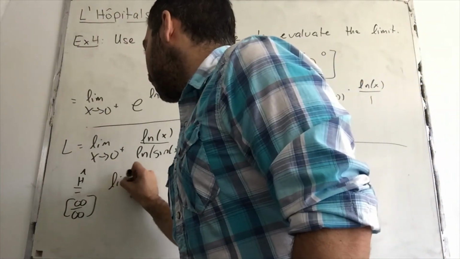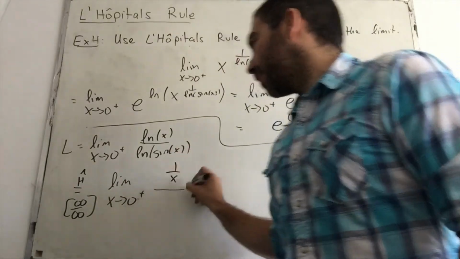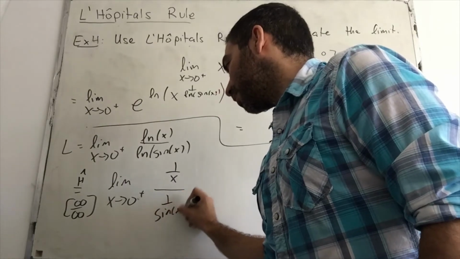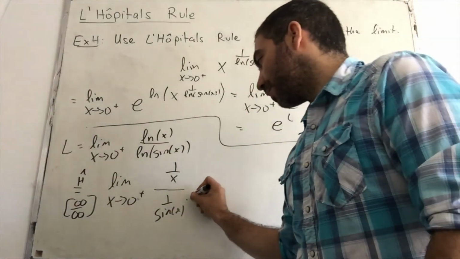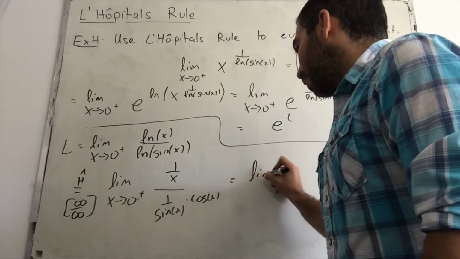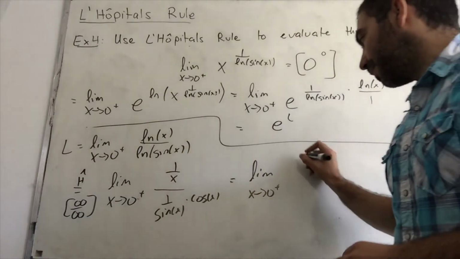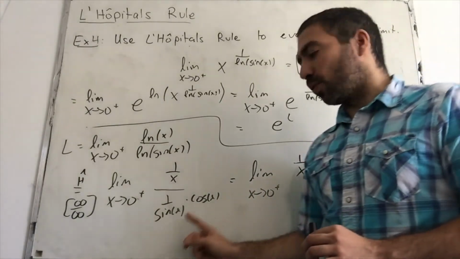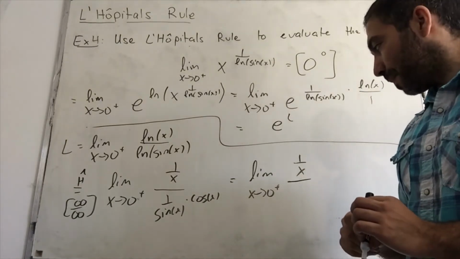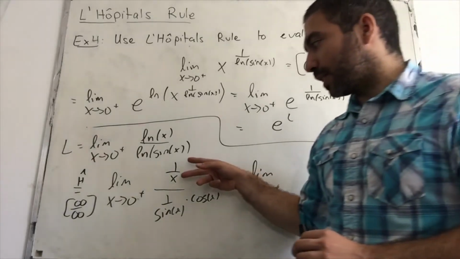So we write the limit. Don't forget to write the limit. The derivative of ln x is 1 over x, and the derivative of ln of sine of x is 1 over sine times the derivative of sine, which is cos. Now we simplify. 1 over x will stay, but on the bottom we have cos over sine. Actually, what I'm going to do is think of this as a fraction over a fraction.